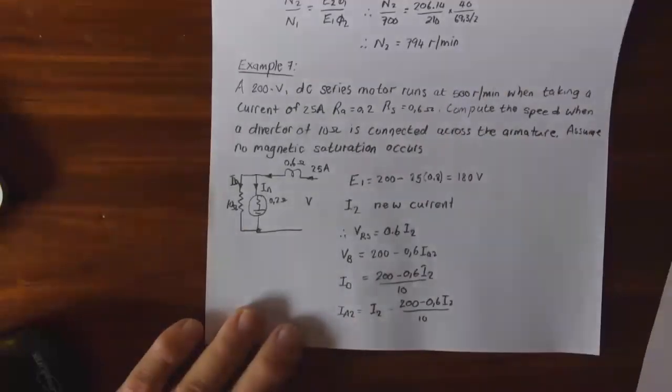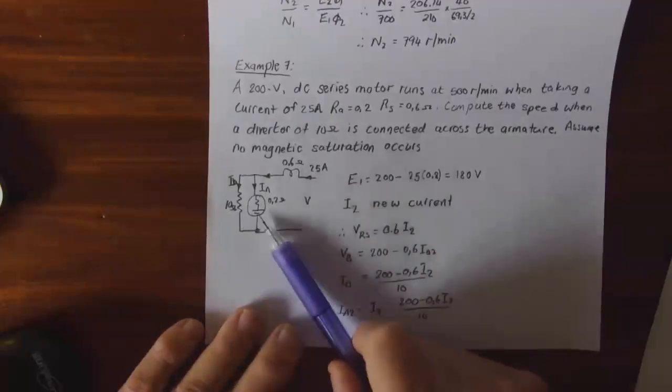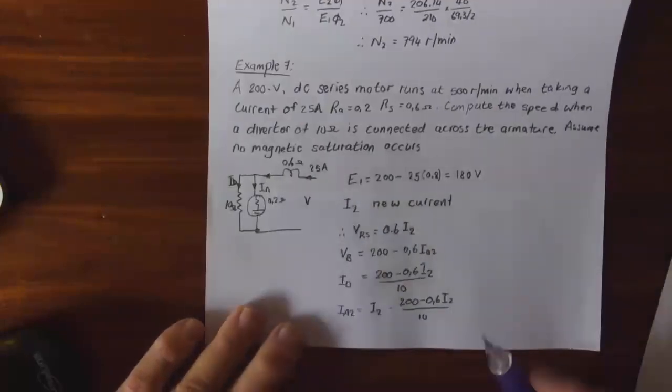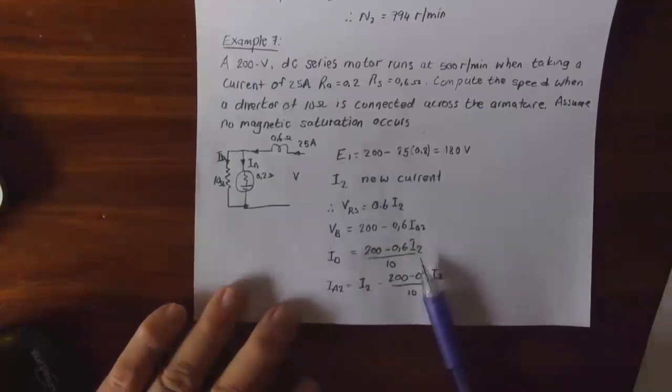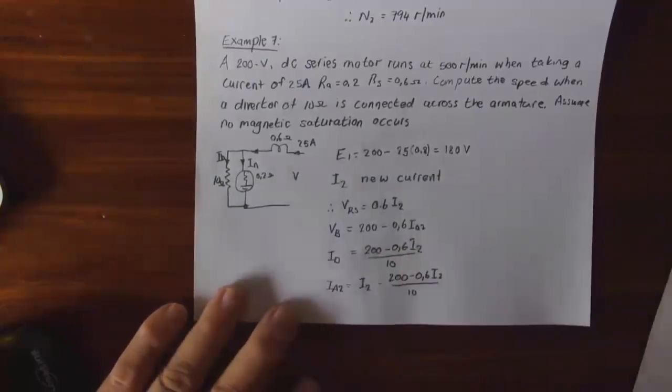So that we have there, the volt drop there is equal to the volt drop there. So the diverter current is 200 minus 0.6 I2 divided by 10.